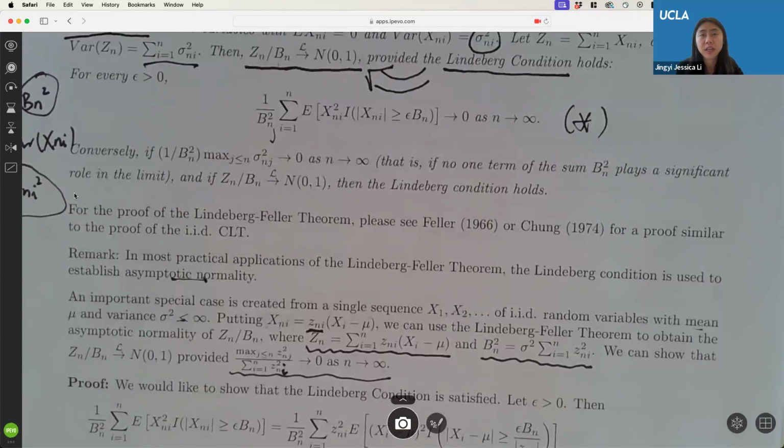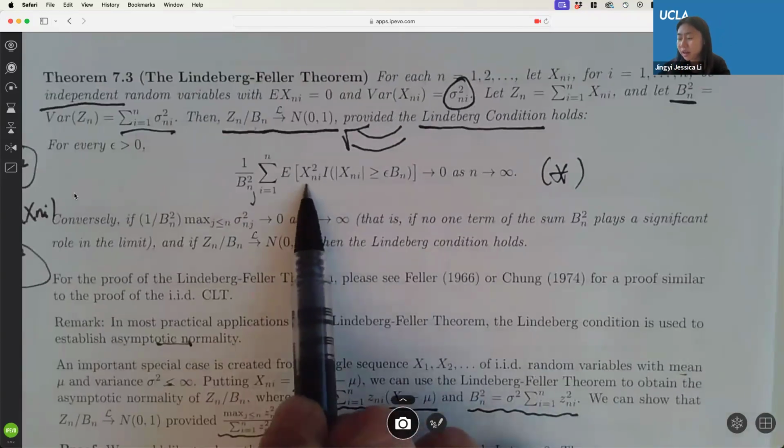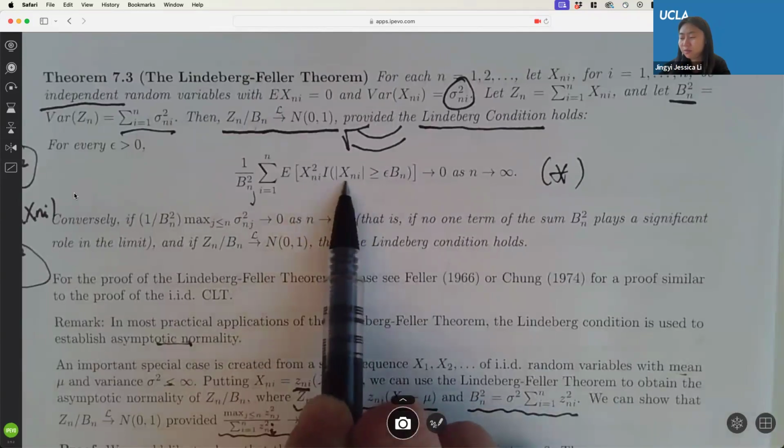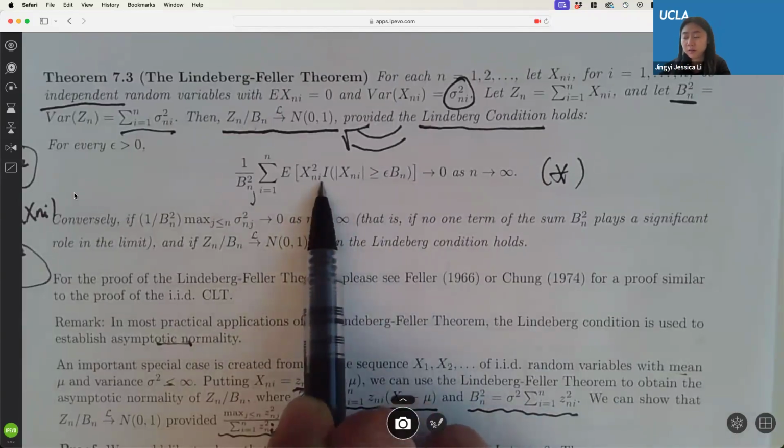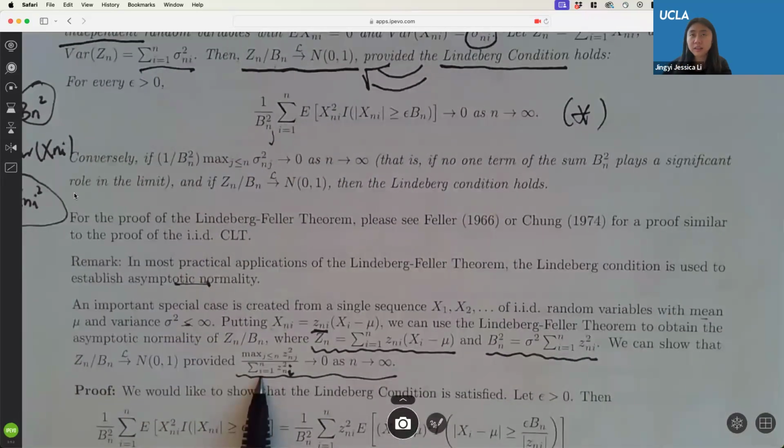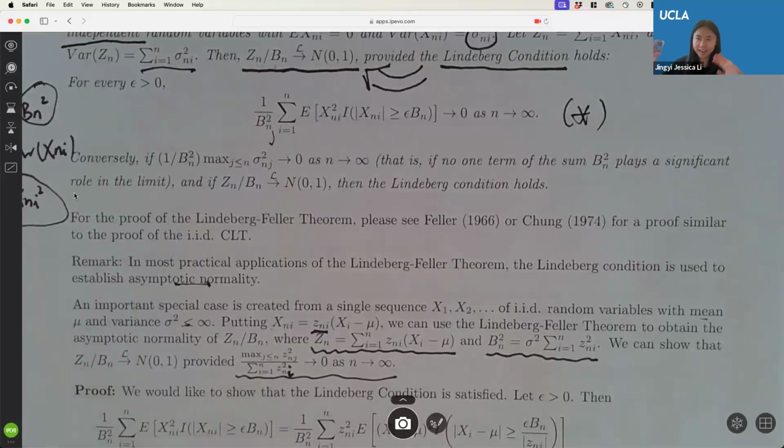Yeah, so essentially, this is another intuition I should mention about the Lindeberg-Feller theorem. Besides needing each random variable to be not so far away from 0, we also need that, after the scaling in this special case, no single random variable dominates the total variance, right?